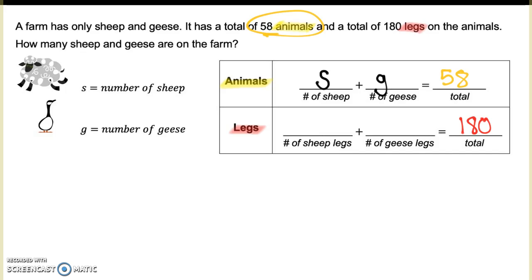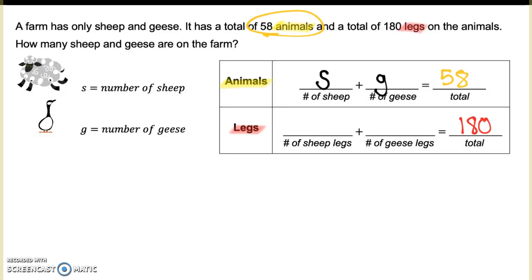Now my second equation is going to require some thinking from us because now we're talking about the legs. So we have to think about how many legs each sheep has, and how many legs each goose has. If you look at the image here, a sheep has 4 legs.